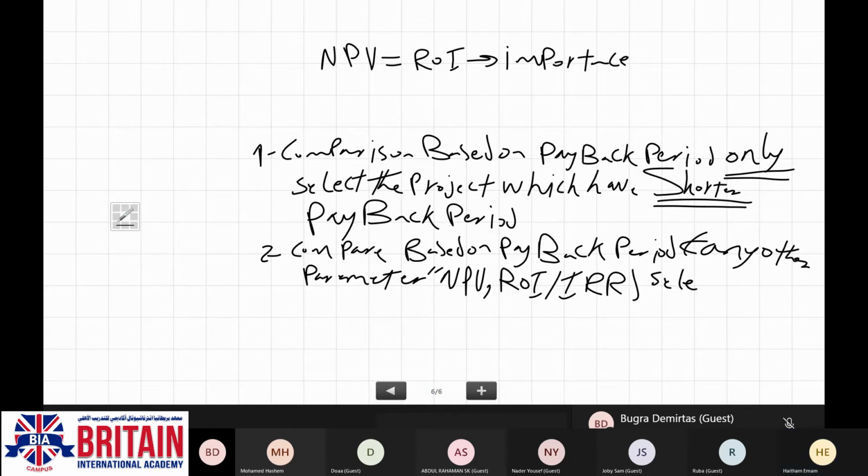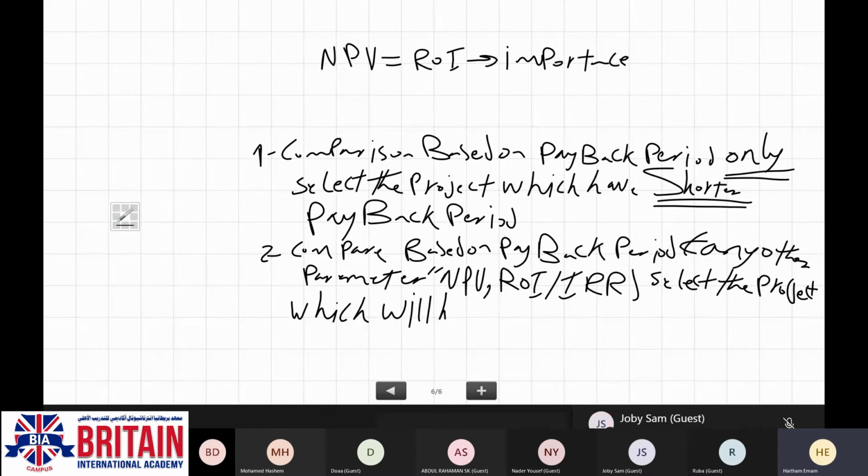Select the project which will have higher NBV or ROI or IRR.